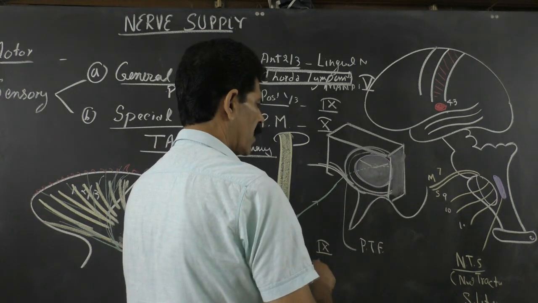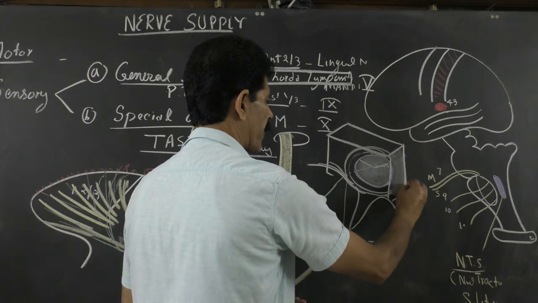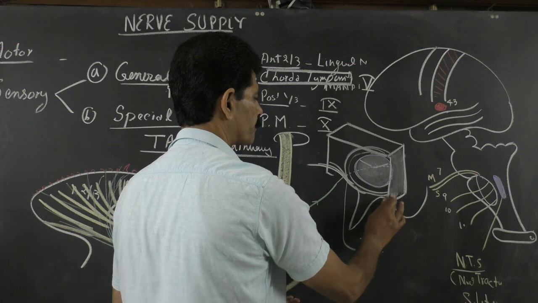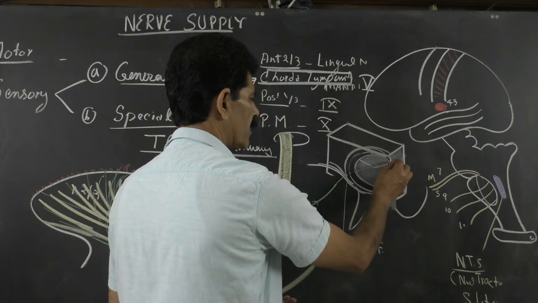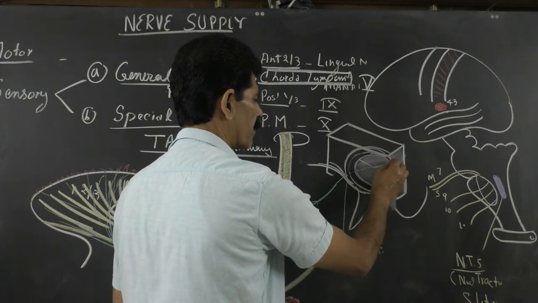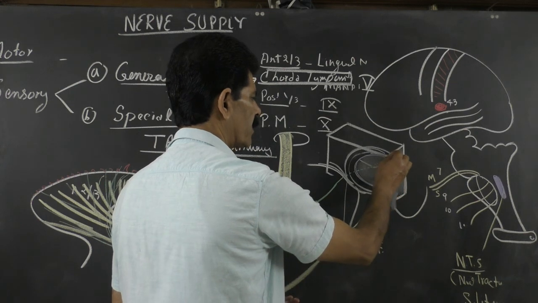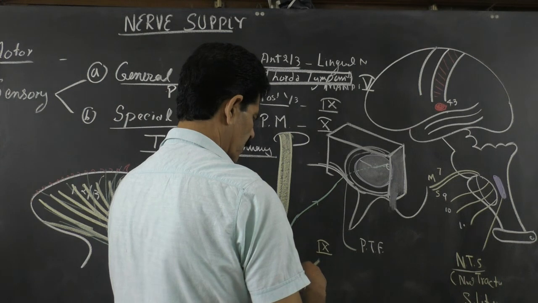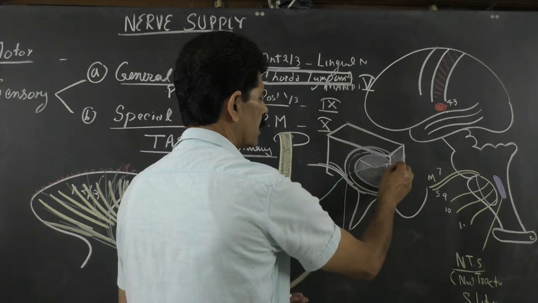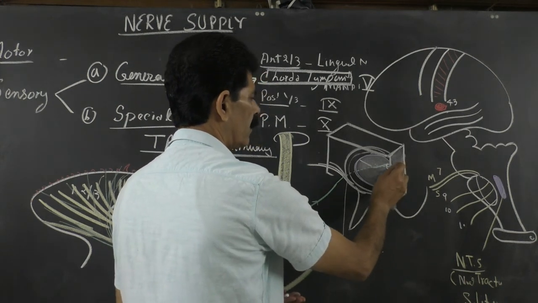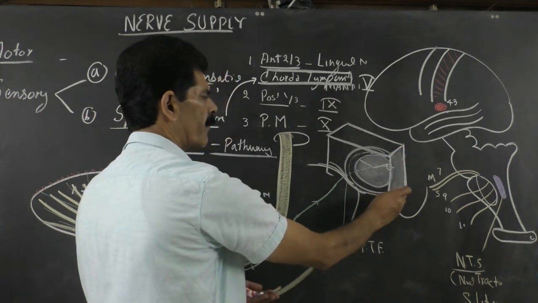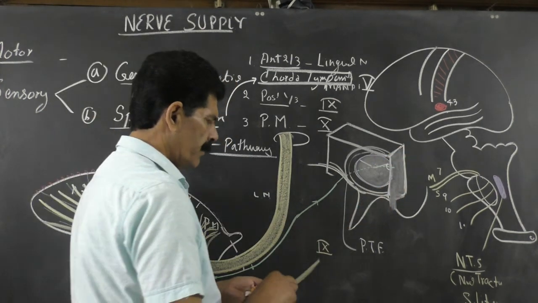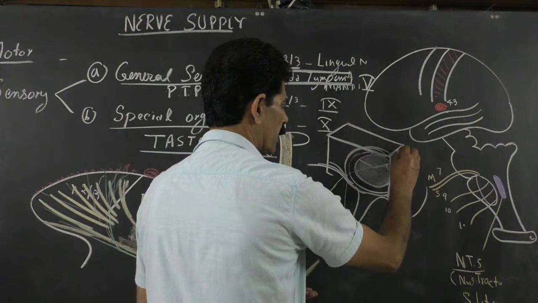Through this posterior canaliculus, the nerve now goes onto the posterior wall of the tympanic cavity.